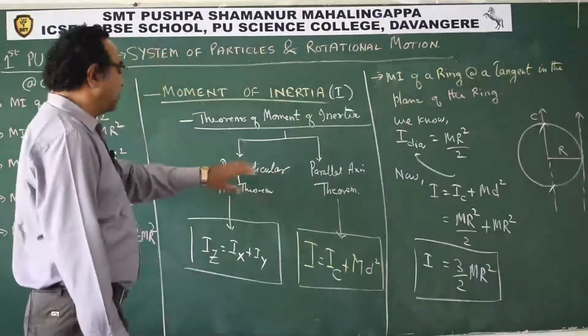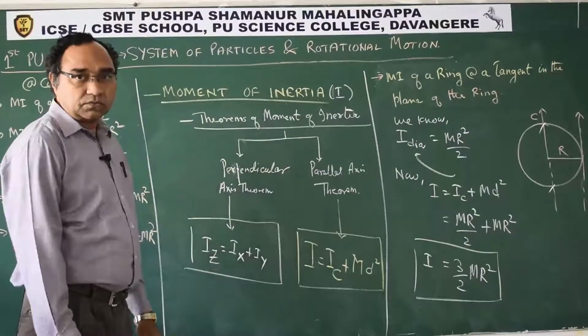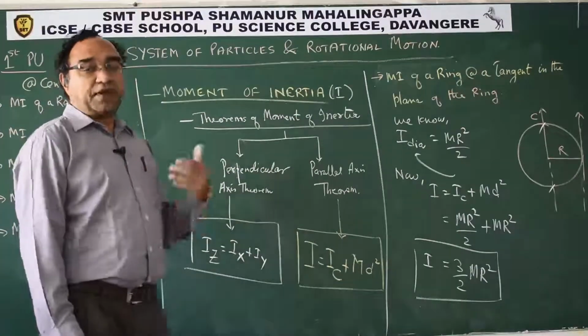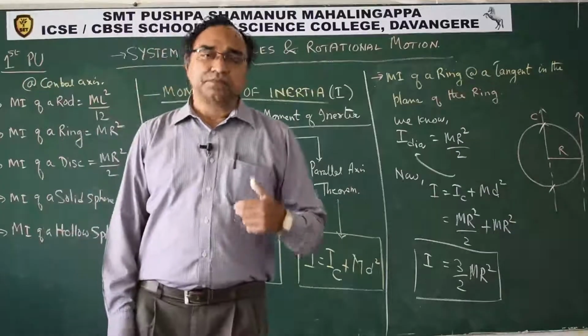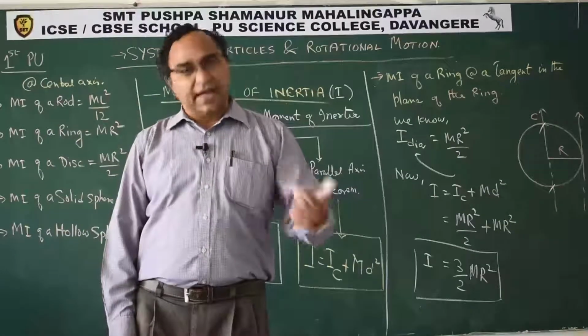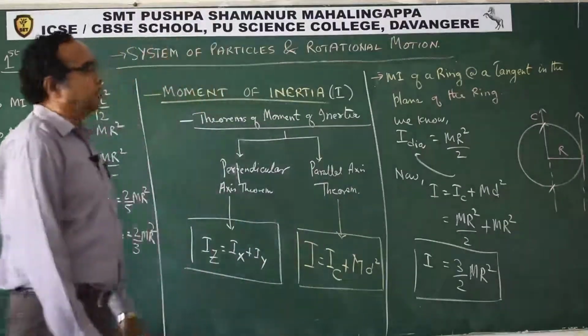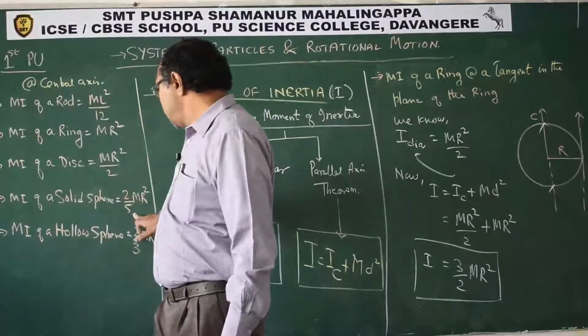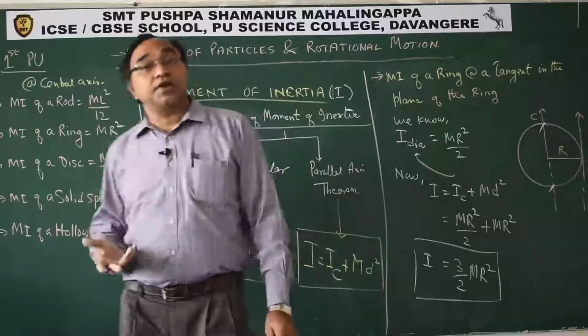So students, this is exactly how we are trying to find moment of inertia about different axes. So this is what to practice. Now you can practice for a disk, for a sphere, solid or hollow.